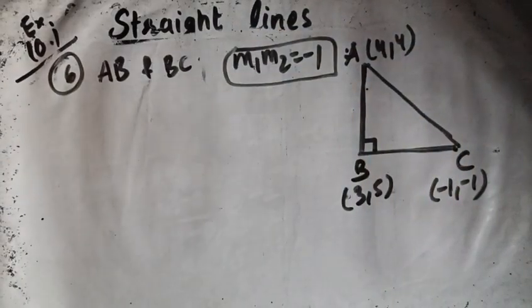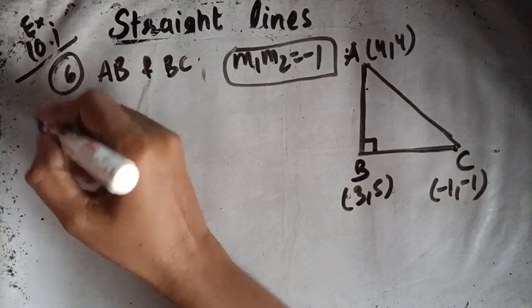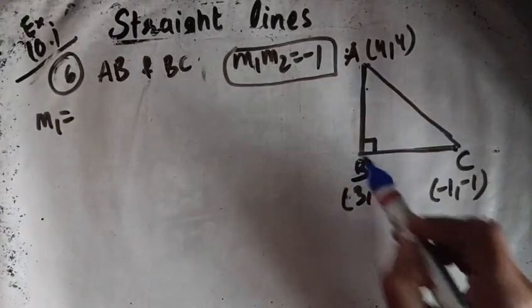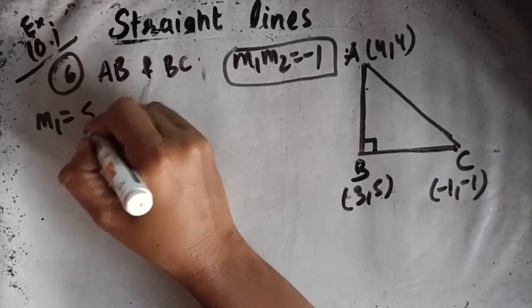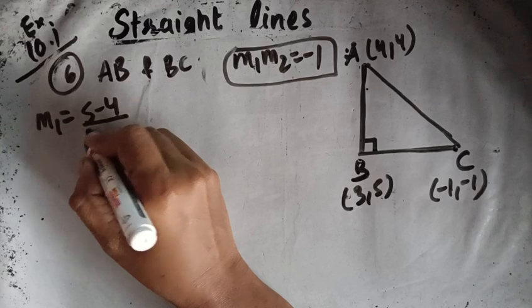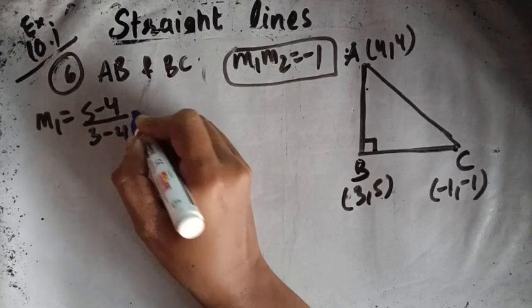This is the perpendicular condition. So find out m1, slope of AB: y2 minus y1 upon x2 minus x1.